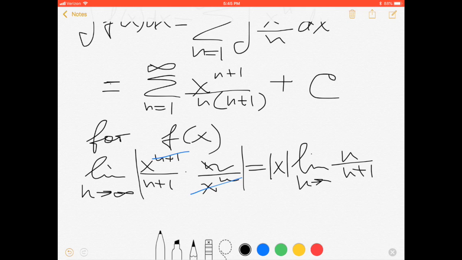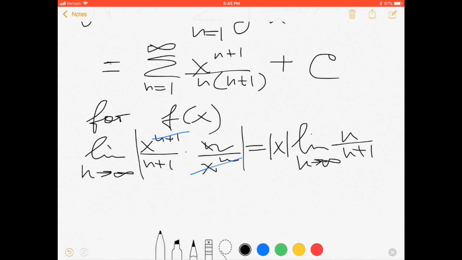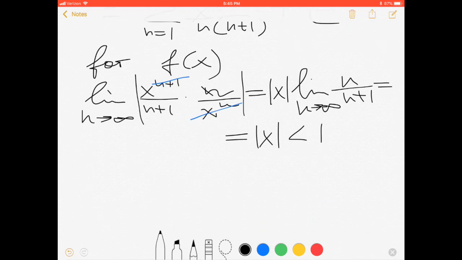This limit we have solved a couple of times. This limit is equal to 1. This means we have the absolute value of x, and it needs to be less than 1. Great. If the absolute value of x is less than 1, the radius of convergence is 1.